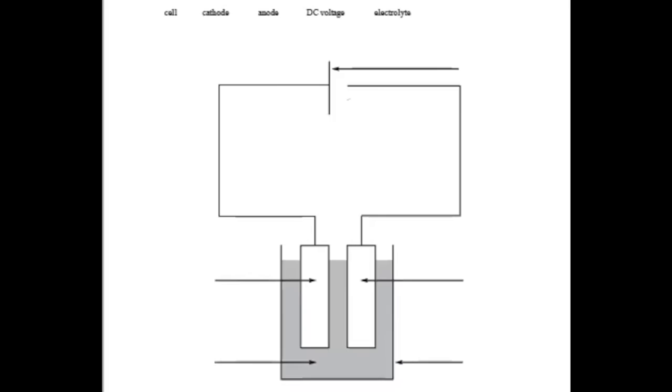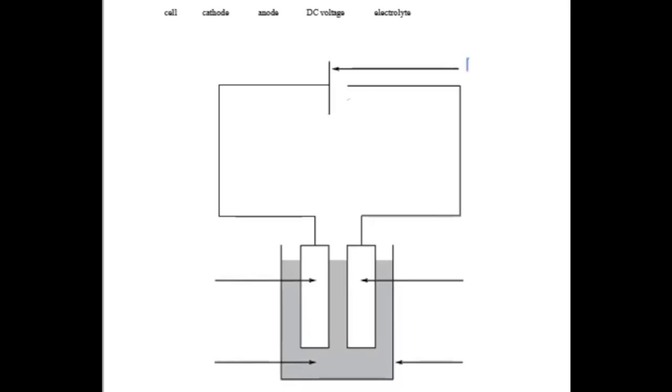So for this part B of the activity, the language of electrochemistry, we have another matching activity. We have a diagram this time showing the setup of the apparatus that would be used for electrolysis. So we're just going to label.